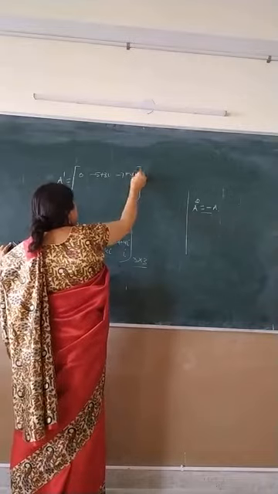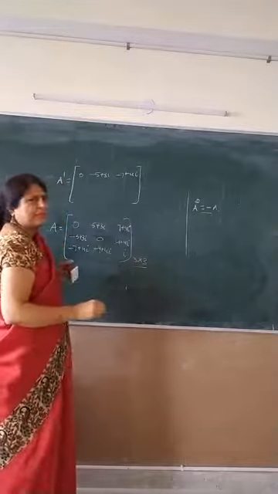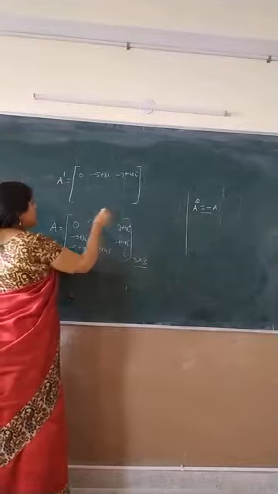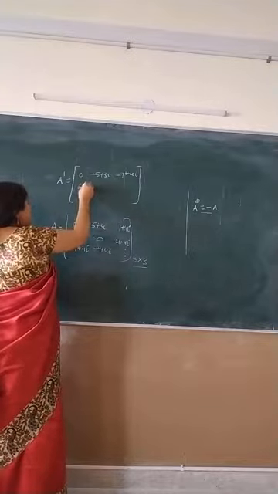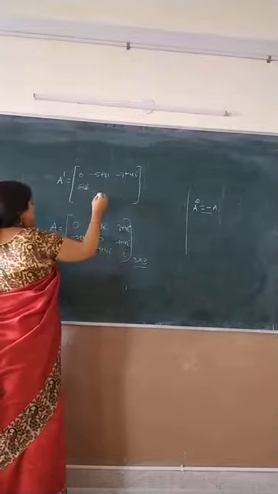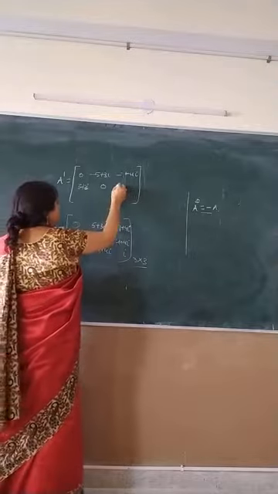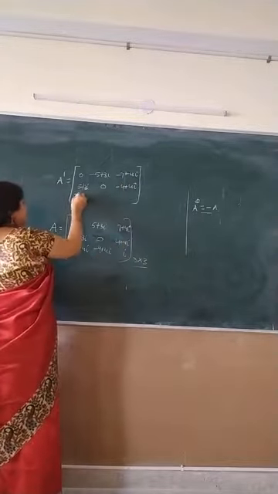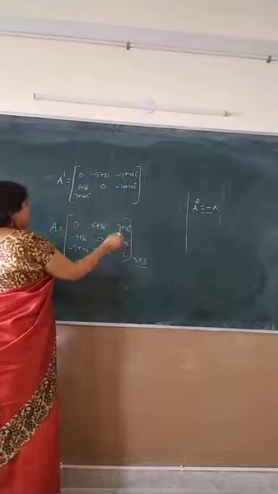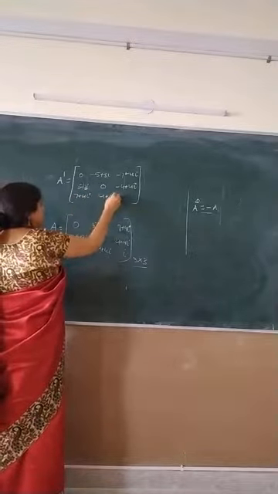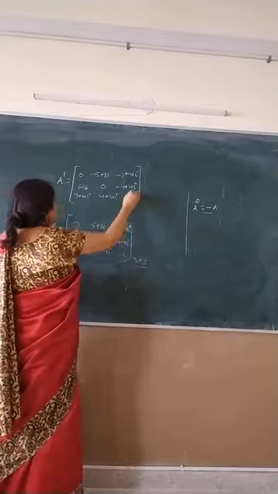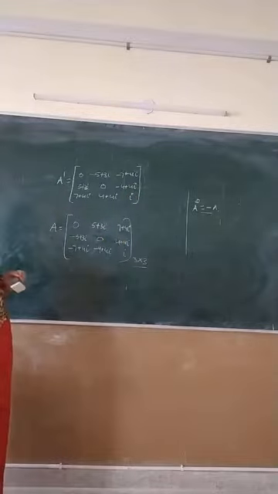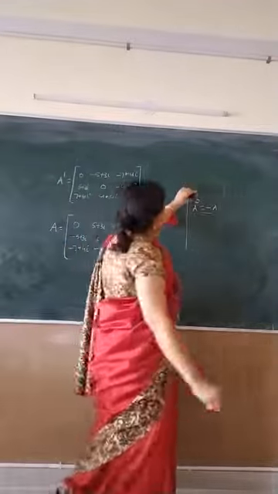The second column will become a row, 5 plus 3 iota. This 0, minus 4 plus 4 iota. This 7 plus 4 iota. This is 4 plus 4 iota, and this is iota. This is the transpose.